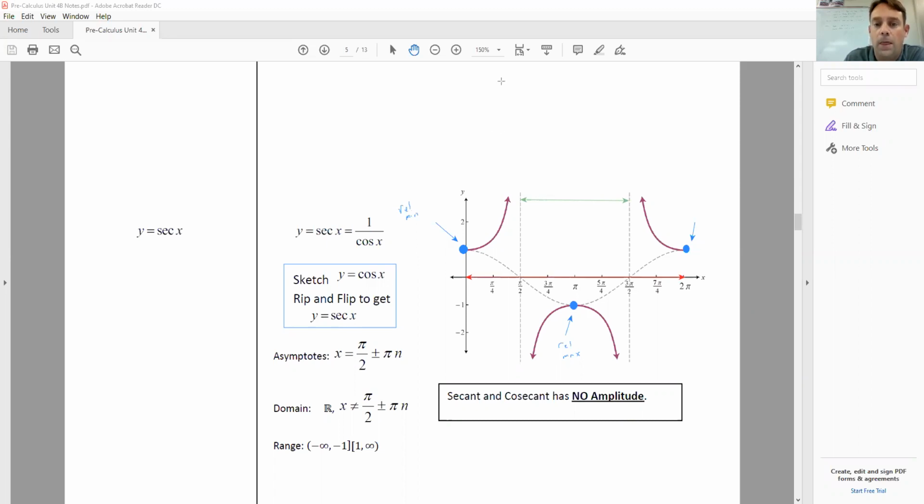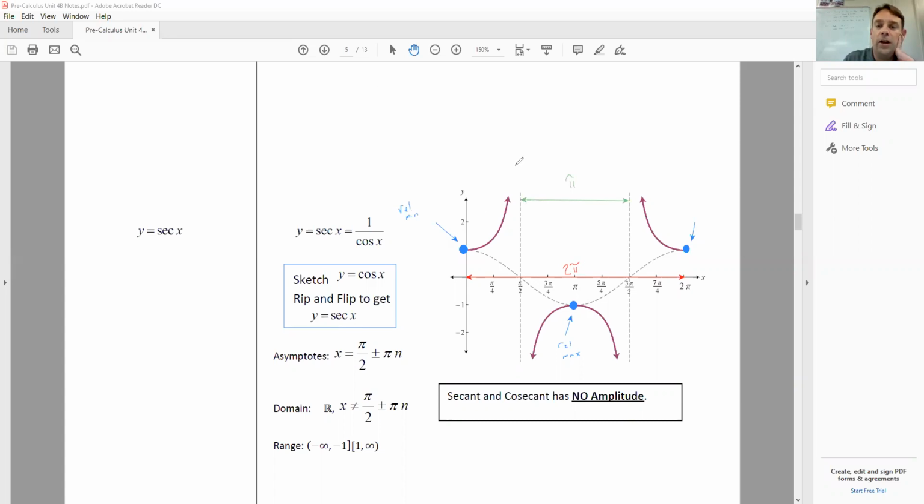It's still 2 pi. But my distance between my asymptotes is not 2 pi. The distance between my asymptotes is always half of my period length. So the distance between my asymptotes is pi. And remember, this curve will keep going over and over again. So there's going to be an infinite number of asymptotes. There's an infinite number of relative mins and maxes.